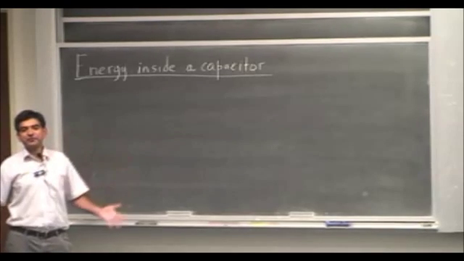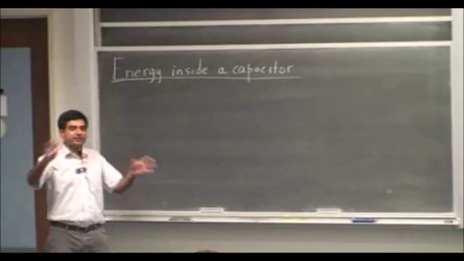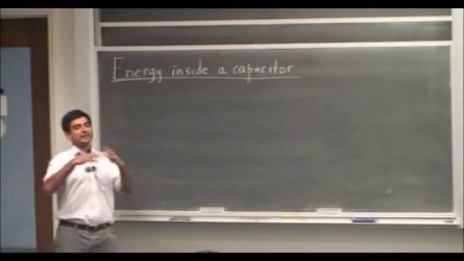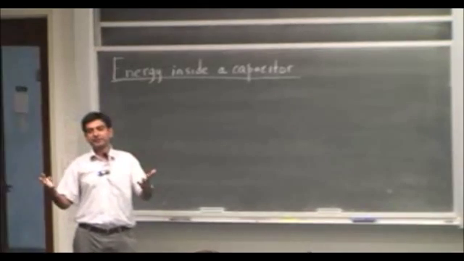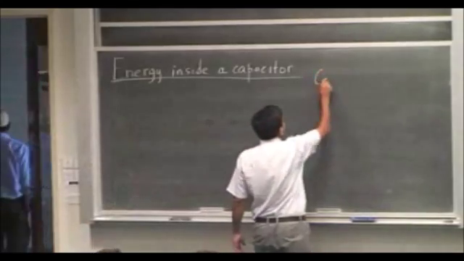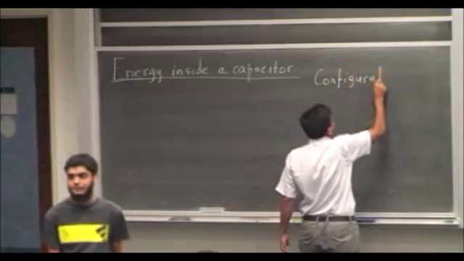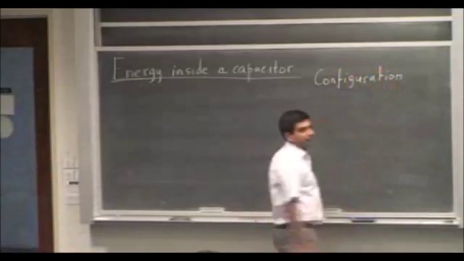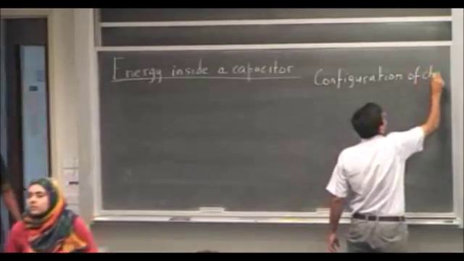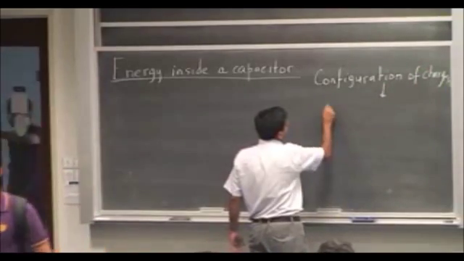There's a system of charges, they are configured in space, they lie at certain distances amongst themselves, so there's a pattern of charges, and we can associate with that pattern of charges a potential energy. So with each configuration of charges, which is a nice way of saying a pattern of charges, we can associate an electric potential energy.